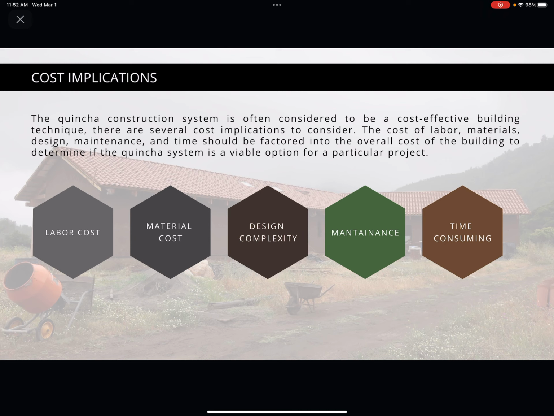Then the design complexity, the same as labor. There are not many people who are experts in this construction system, so if you want to hire an architect or somebody who knows how to design it, that might be kind of a problem. Then the maintenance: obviously, you have to take care of the structure, the fillings, and the mat. And this process is time consuming, it's not as fast as other construction systems.